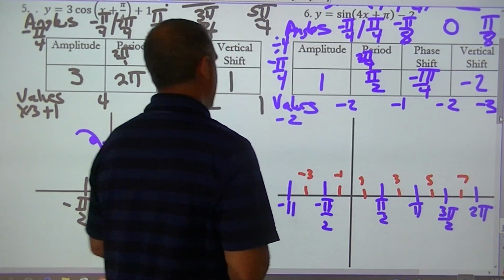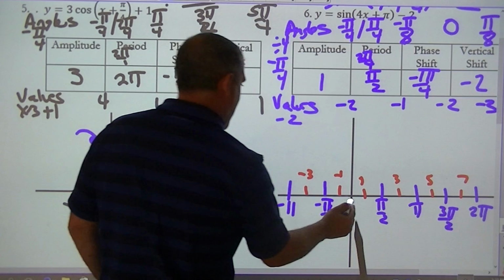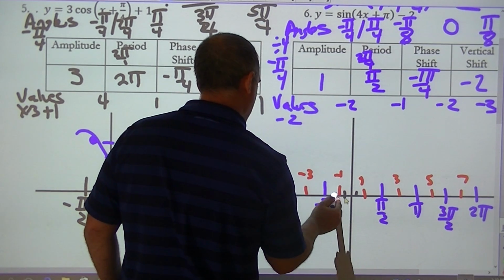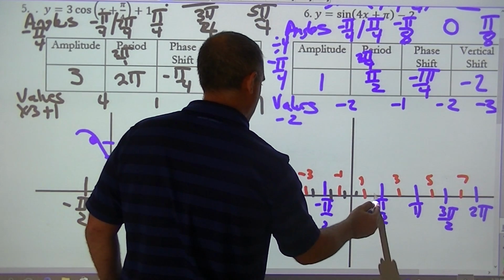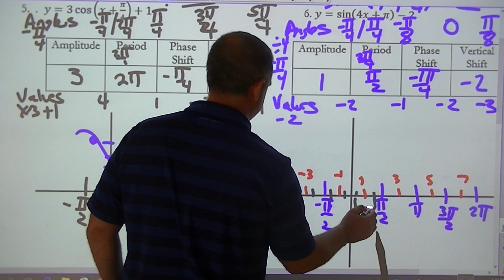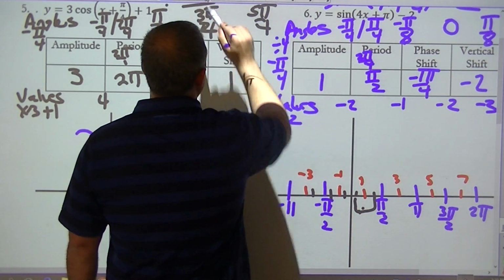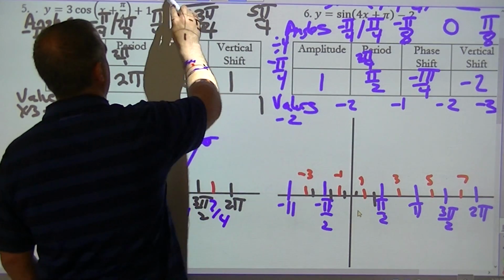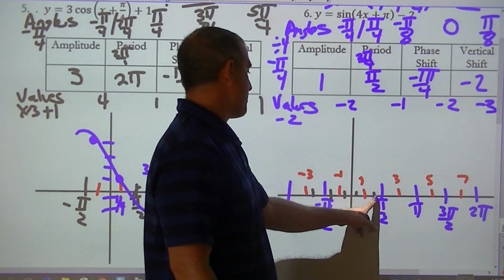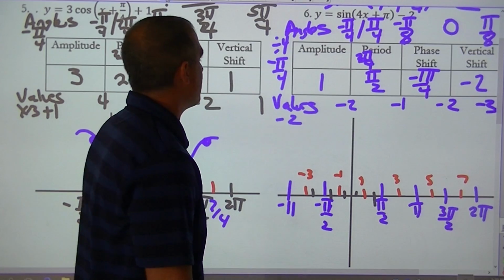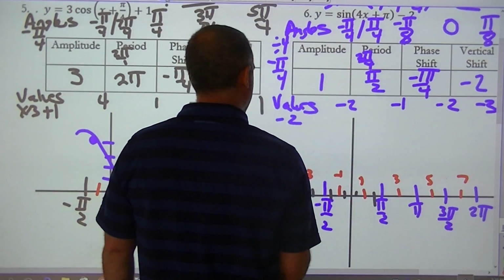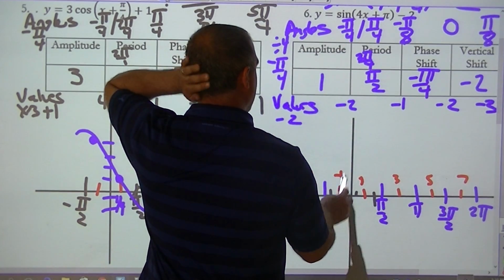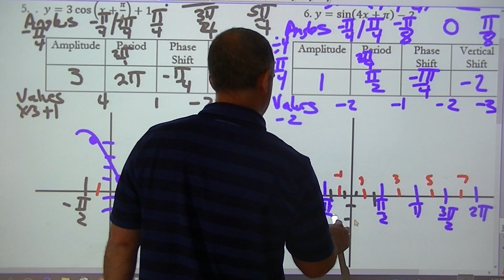The 8s are going to be in between that. So it would be like 1/8, 3/8, negative 1/8, negative 3/8. So at negative 1/4 pi, which would be here, I'm going to graph negative 2.